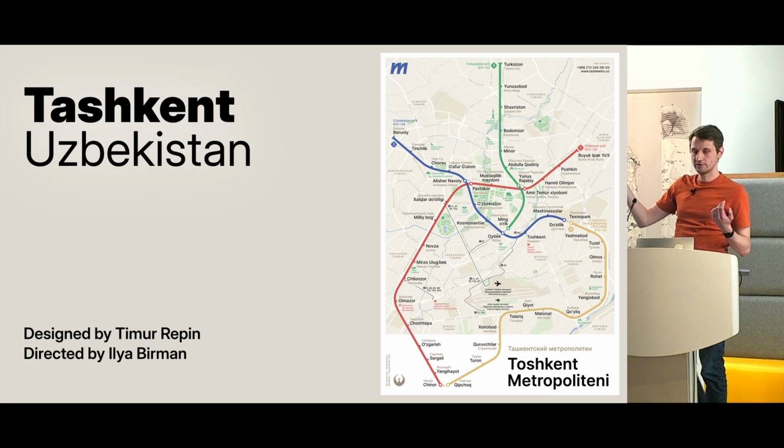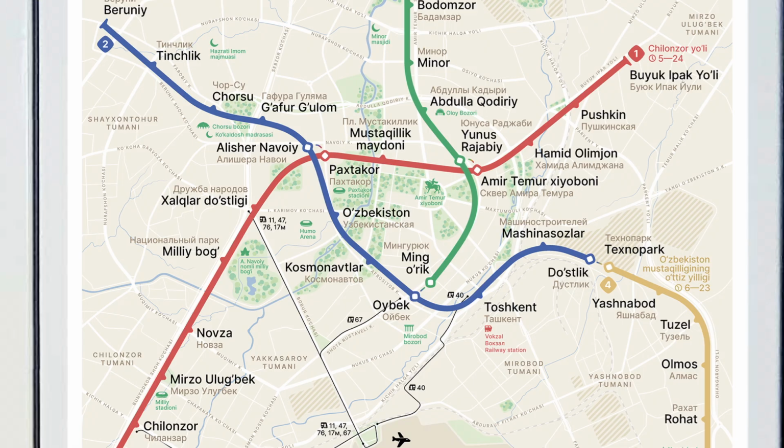This is Tashkent in Uzbekistan. This one we released, I think, 3 or 4 weeks ago. It's the newest one. If you look here, you will see that I like to put geographical details on my map just to make them more informative, but this one has the full city geography.